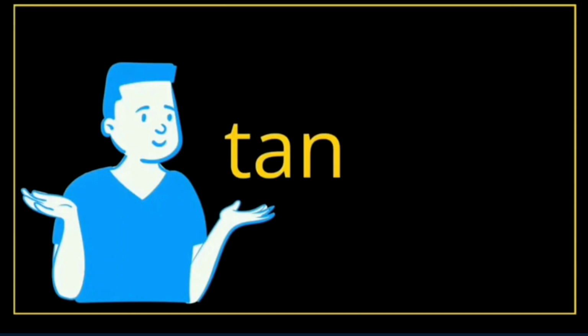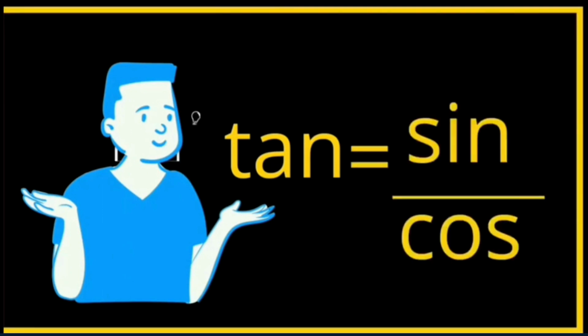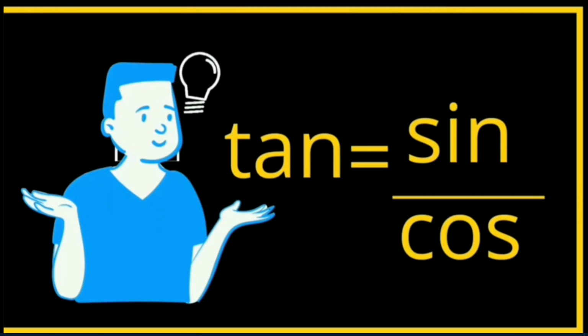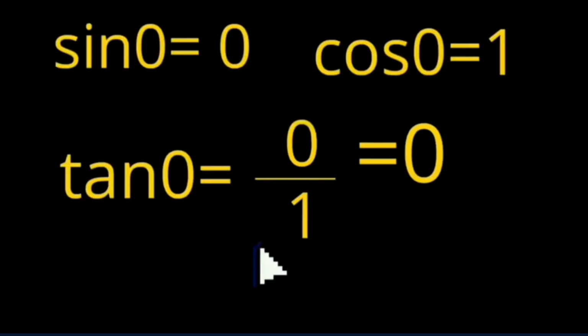Tan theta. Tan theta is sin theta upon cos theta. So we will take the values of sine and cos. Sin 0 is 0 and cos 0 is 1. 0 upon anything is 0. Therefore tan 0 will be 0.